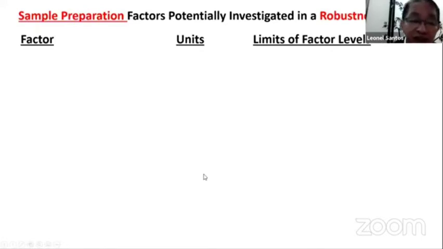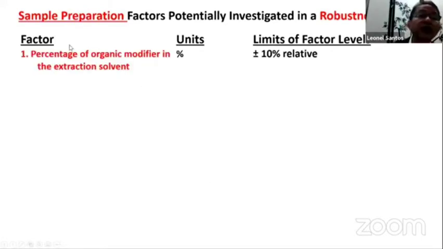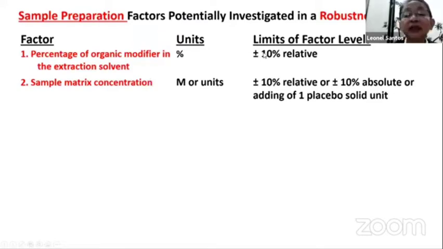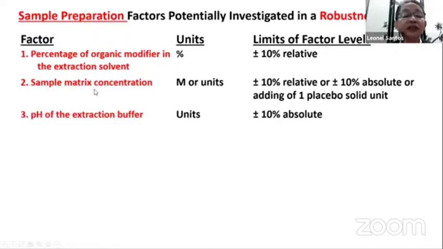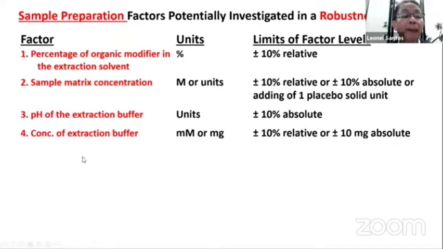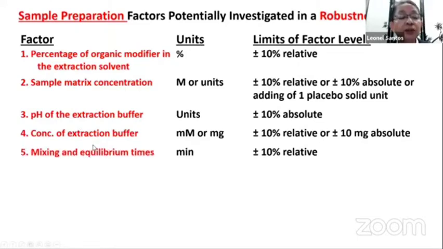In this next table, it'll show you the different factors, what you can do to adjust your procedure. Percentage of organic modifier, for example, and also there's a suggested limit factor level. Sample matrix concentration, you can make this adjustment. pH of the extraction buffer, concentration of the extraction buffer, mixing, equilibrium time.